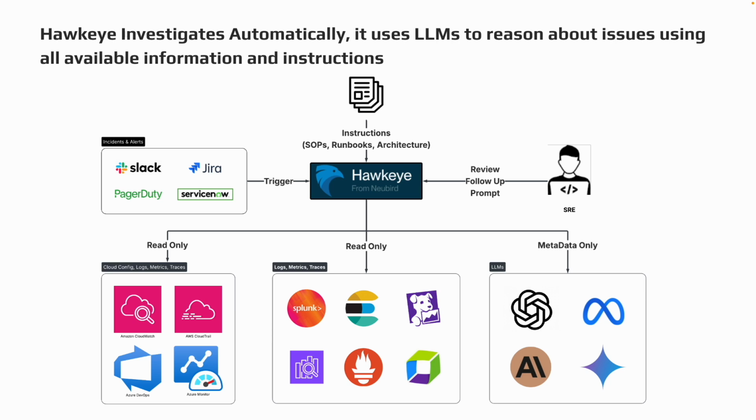Hawkeye basically sits in the middle in between your incident management, so it's an incident response agent, and then is able to read your config from your cloud sources, look at your logs, metrics, and traces, and leverage LLMs for reasoning about the root cause of your issue.